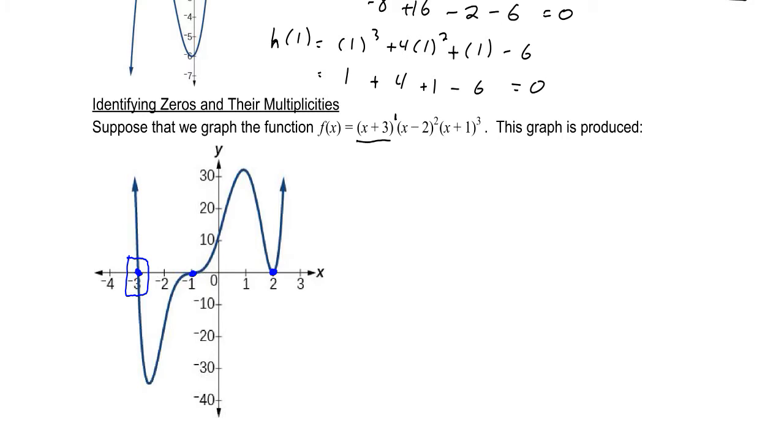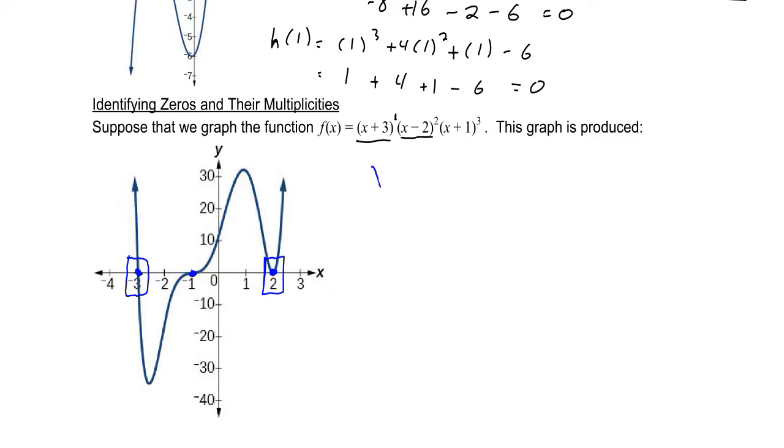Okay, let's consider the next point. We have 2. That is x minus 2 squared. If we look around x equals 2, in that little box that I've drawn there, the graph looks like a quadratic, which is a degree 2.